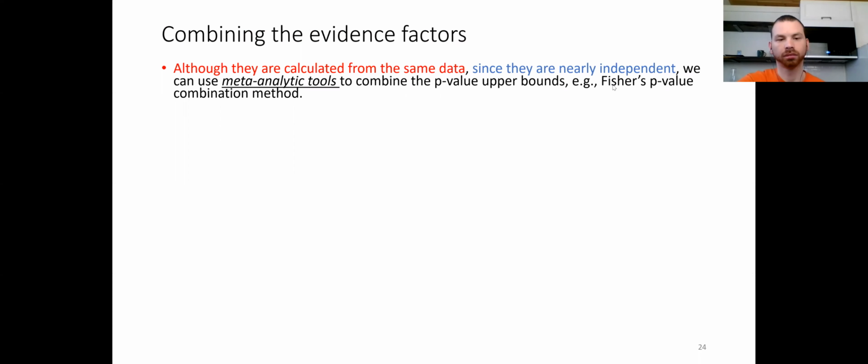If you have independent p-values, Fisher's p-value method or some other p-value method will be able to combine them. The definition of near independence is such that if you use Fisher's p-value method or any of the standard p-value methods, it will still give you a valid combined p-value. And that's why that inequality goes in that direction.